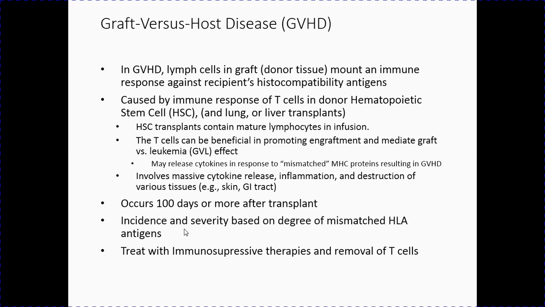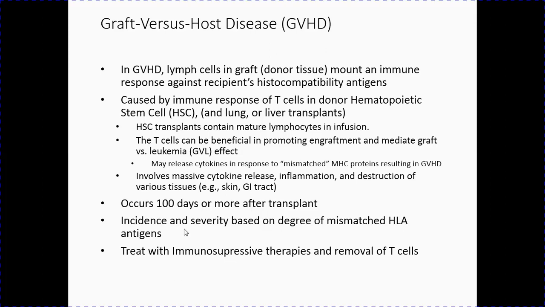So why does this happen? We'll take a look at stem cell transplants particularly. In stem cell transplants, the recipient's bone marrow gets wiped out by chemotherapeutic agents, and they get an infusion of donor peripheral cells that contain stem cells. But the infusion doesn't just contain stem cells, but also some super nice, friendly, immunocompetent lymphocytes.